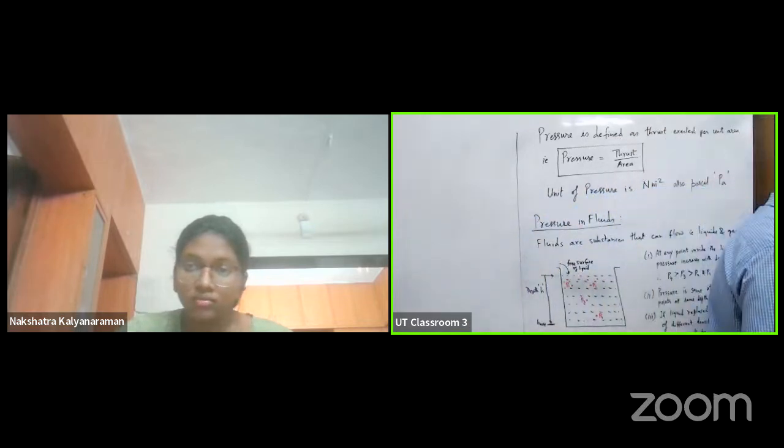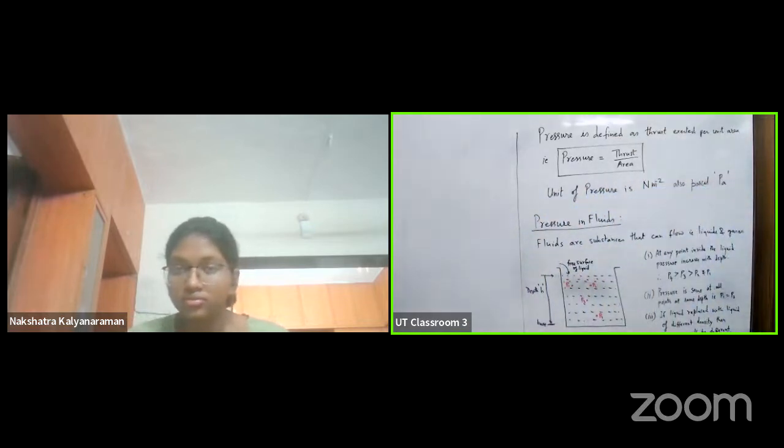It will rise if the new liquid has a higher density than the old liquid, or it will reduce if the density of the new liquid is less than the previous.